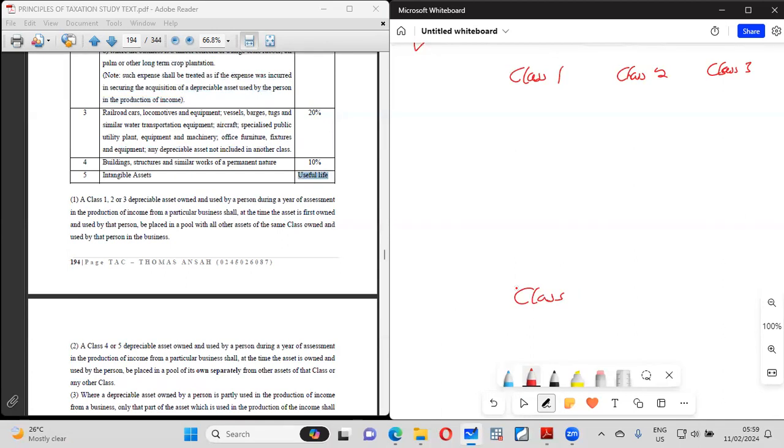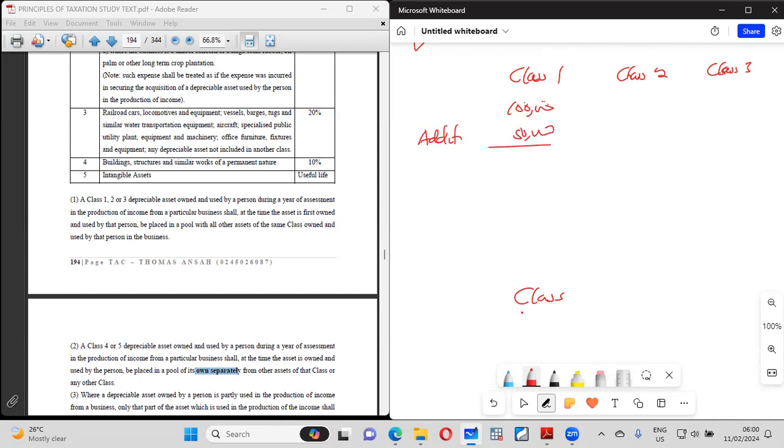Now the class 4 asset, you can see that a class 4 or class 5 asset owned by a person in a year of assessment, what you do is that you put them in a pool of themselves. It means, and I'll explain this further, for these ones, when you buy additional ones, you will be adding them. So let's say if I have 10,000 or 100,000 before and I buy additional assets in class 1, I will add it here. If that addition is, let's say, 50,000, I will be adding it up like this.